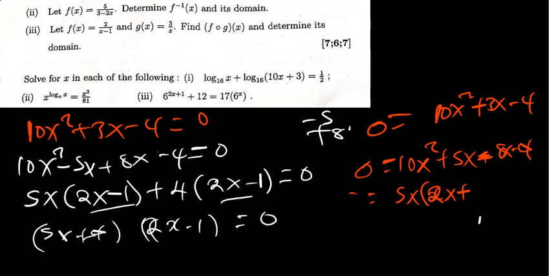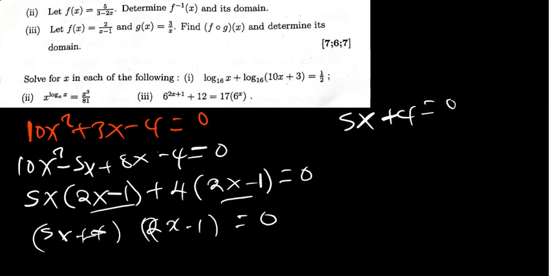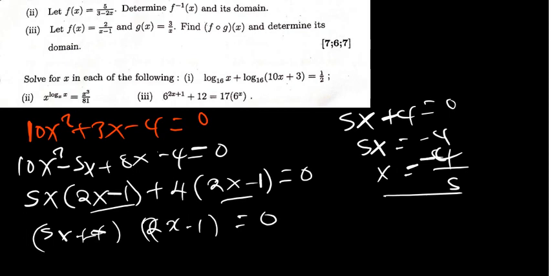So now I solve for x. We are going to have 5x plus 4 is equal to 0, 5x is equal to negative 4, x is equal to negative 4 over 5. We leave it there.